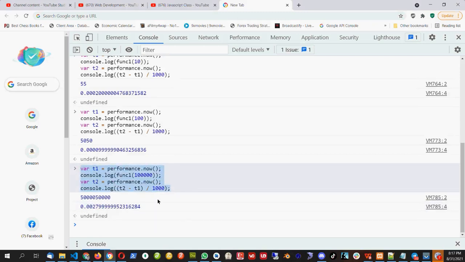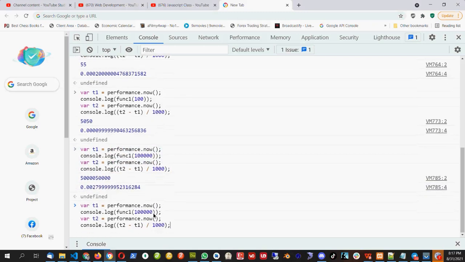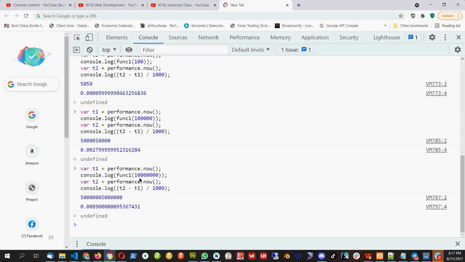Let me increase this number more. Let's put 1 crore, that is 10 million. I put 10 million, and this is the sum, and the time it is taking is 0.008 seconds.